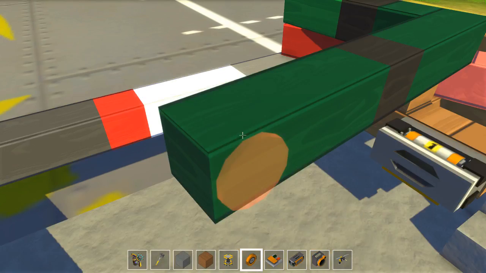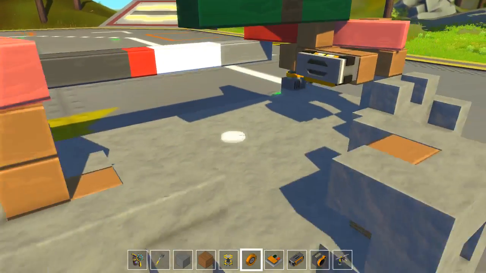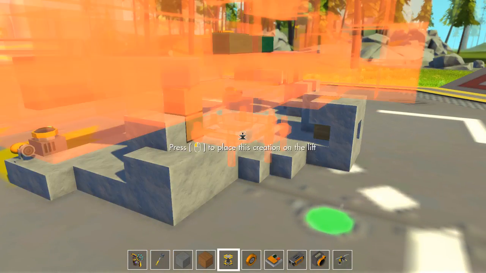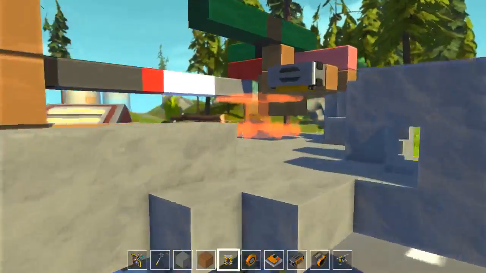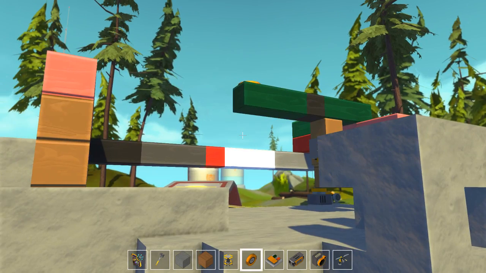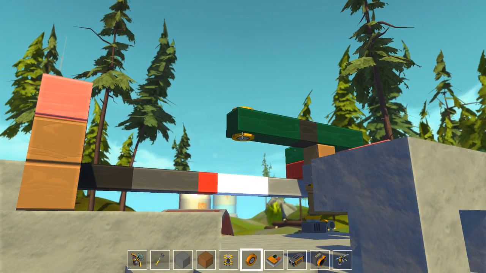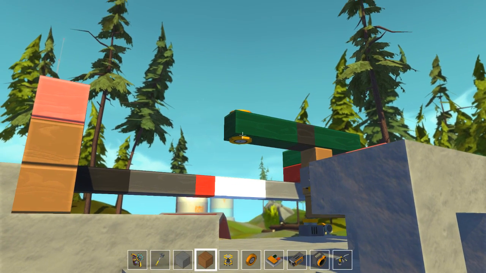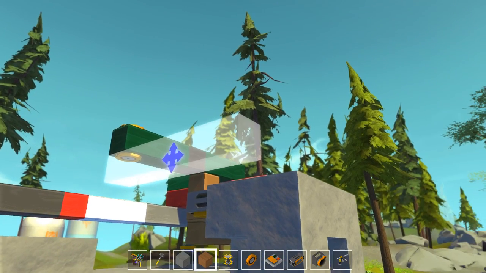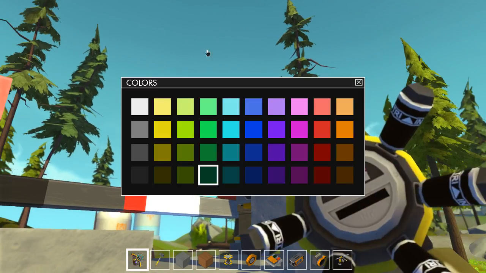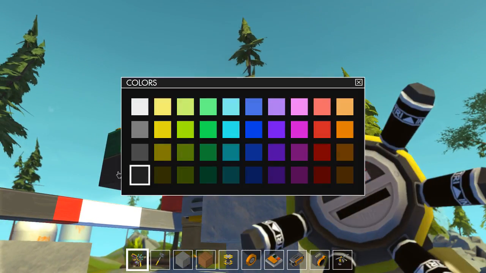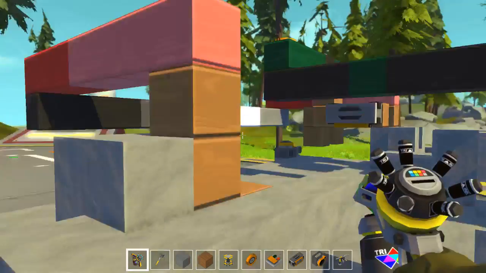So central anchor, anchor up. And so we need this side because otherwise it's going to flail about madly. That's fine. 3, 4, 5, 6, 7. 1, 2, 3. 3. And black. Alright.